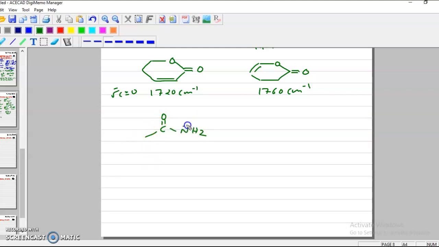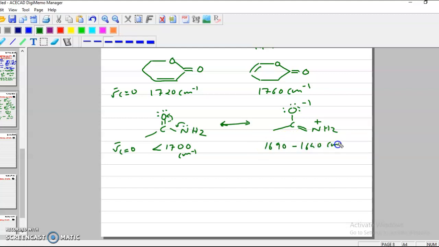Here, because this lone pair transfers over here and this pi bond electron also transfers to oxygen, there will be a band at less than 1700 cm⁻¹ because of this resonance. And here you will see this compound where conjugation takes place, and it will be nearly 1690 to 1640 cm⁻¹.